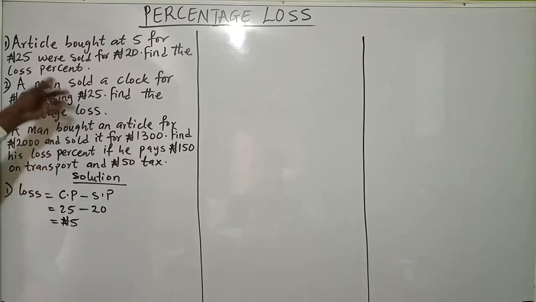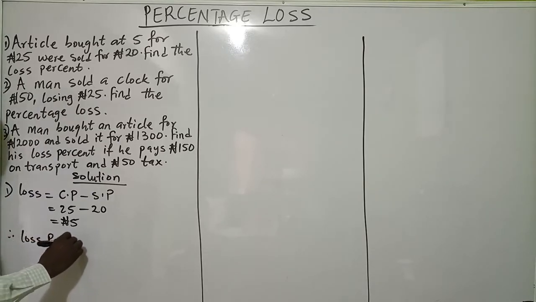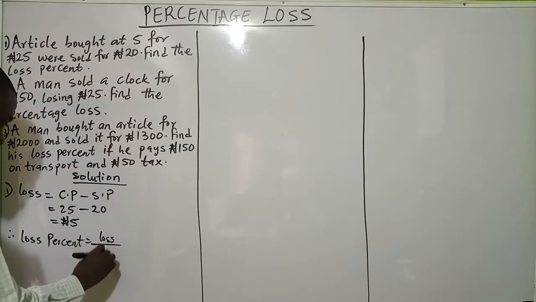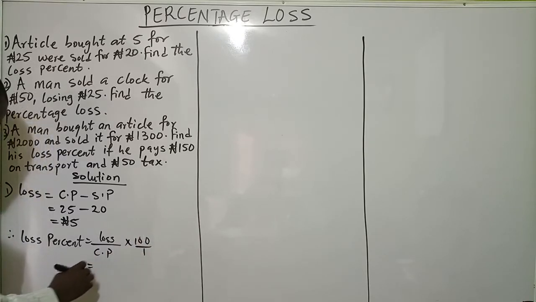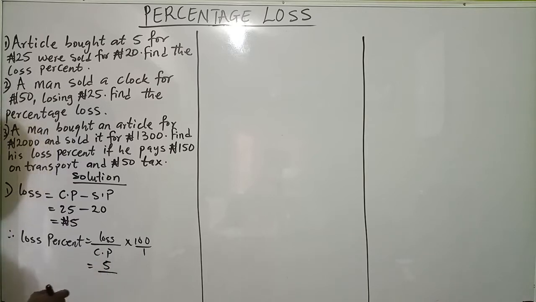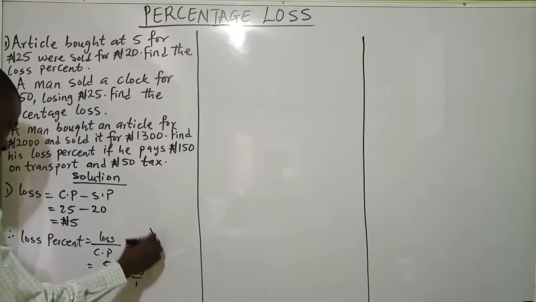So with this we can calculate the loss percent. Loss percent is equal to loss over cost price times 100 over 1. The loss is 5. The cost price is 25, times 100 over 1.